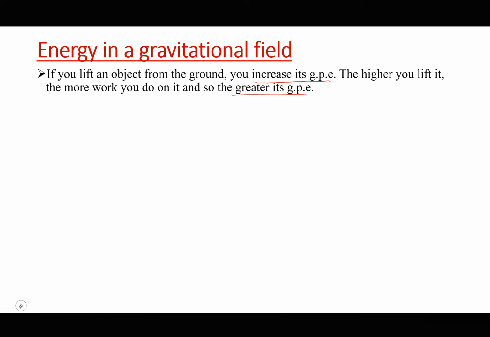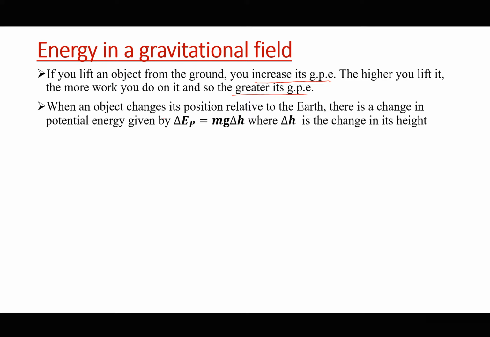And we have also said that when an object changes its position relative to the Earth, there is a change in potential energy, and the potential energy is given by this, where delta h is the change in height. But I mentioned here we are at a small value of h, close to the Earth's surface, where g is approximately constant.